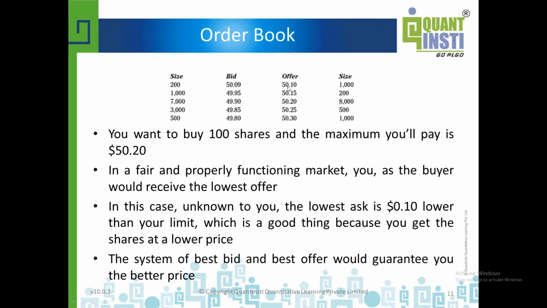This system of the best bid and best ask would guarantee you the better price. So if you place an order for a buy or a sell, and there are existing orders in the order book that offer you a better price for your trade, you will get a better price. As simple as that. And let me introduce you to the concept of price time priority, right?